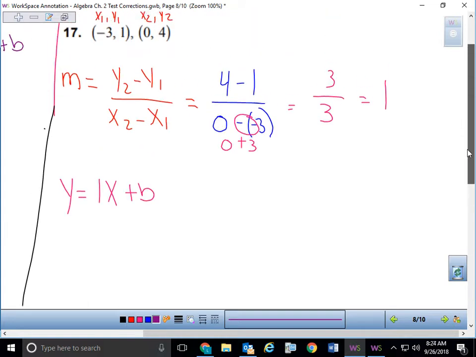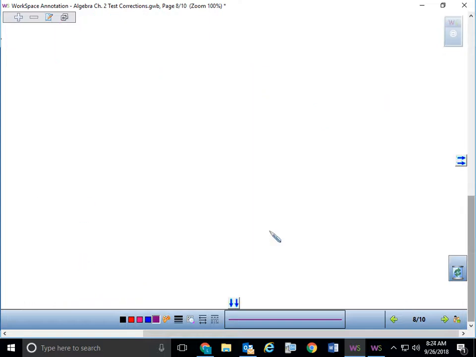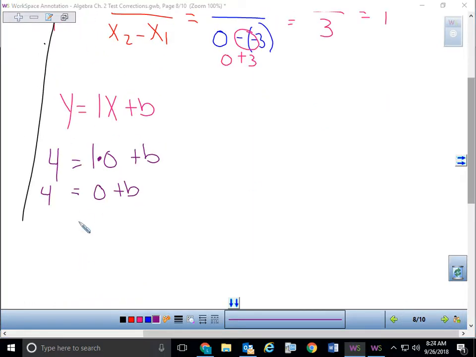So I'm actually going to choose this point 0, 4. That means I'm substituting y for that y value of 4 equals 1x, so that's 1 times 0, the x value here, plus b. 1 times 0, 0, plus b equals 4. 0 plus b is b, so this tells me my y-intercept is 4.